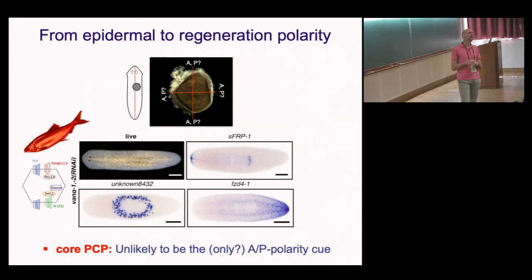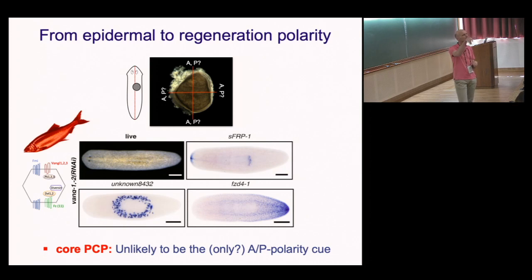Well, we haven't tried it, but I would guess that if you depolymerize actin filaments or microtubules, you could affect the arrangement of cilia. Possibly. And then again, the question would be, does it recover? Probably. We haven't done these experiments, but that would be very interesting.